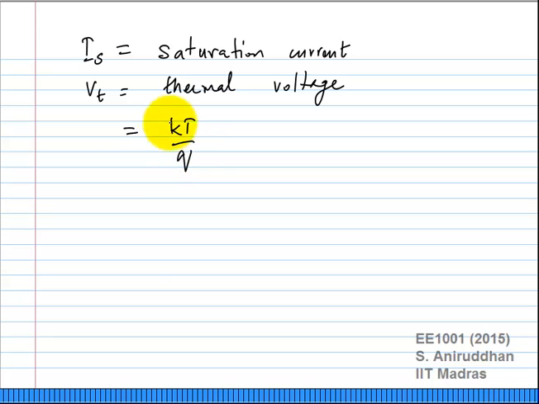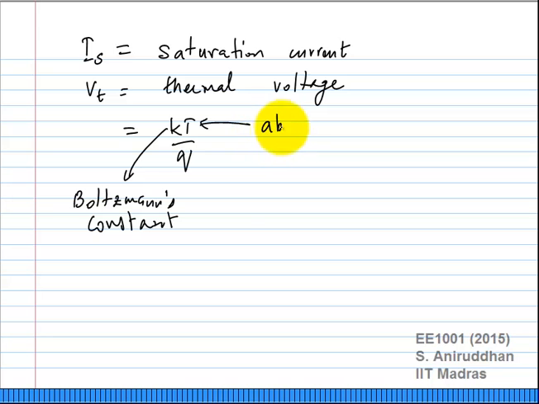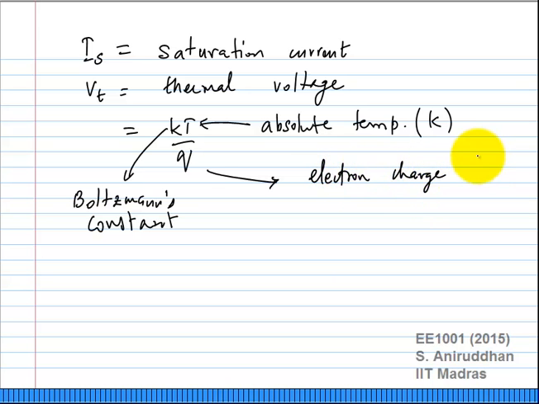What is k? Boltzmann's constant. What is T? The absolute temperature in Kelvin. And q is the electronic charge.